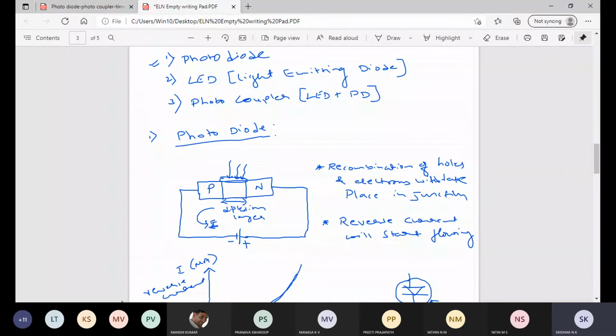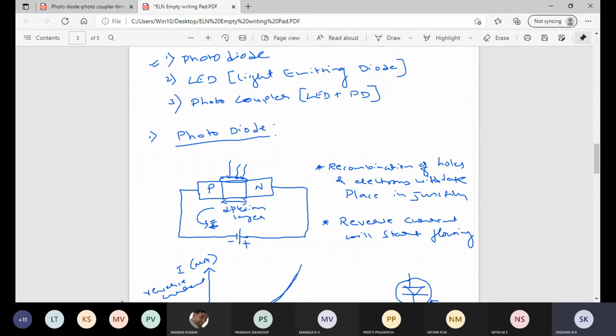We can't recognize a small change in forward bias because majority charge carriers constitute the current there. Whereas in reverse bias, minority charge carriers take part to produce the reverse current.